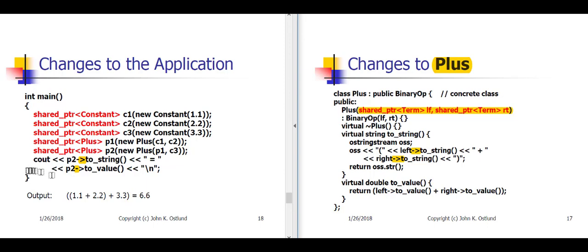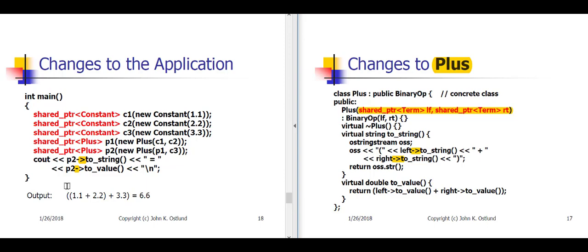However, notice that at the bottom of main, I have no delete statements, I have no clear statement, because shared pointers, although they behave like pointers, they are in fact objects, and when they go out of scope, the destructors for these objects are automatically called, just as the destructor for any object that goes out of scope is called.